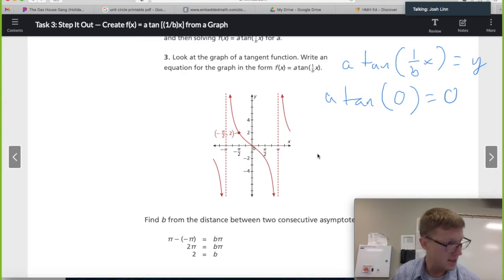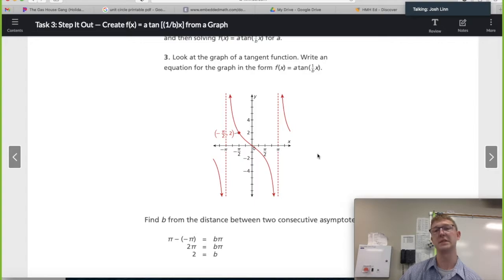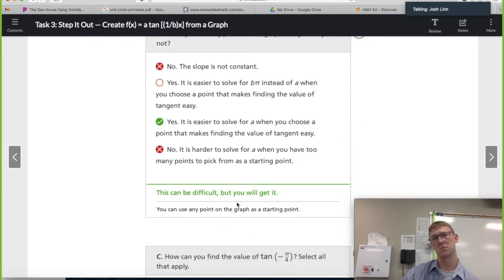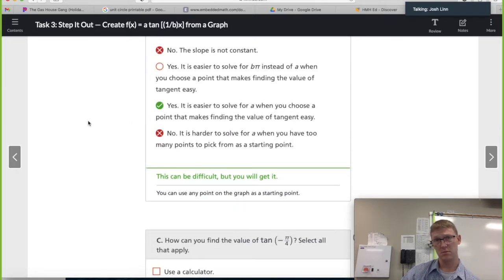So then tangent of 0 is opposite over adjacent, which would be 0. So I don't know, man, I disagree with them. 0, 0 doesn't work. Just saying.